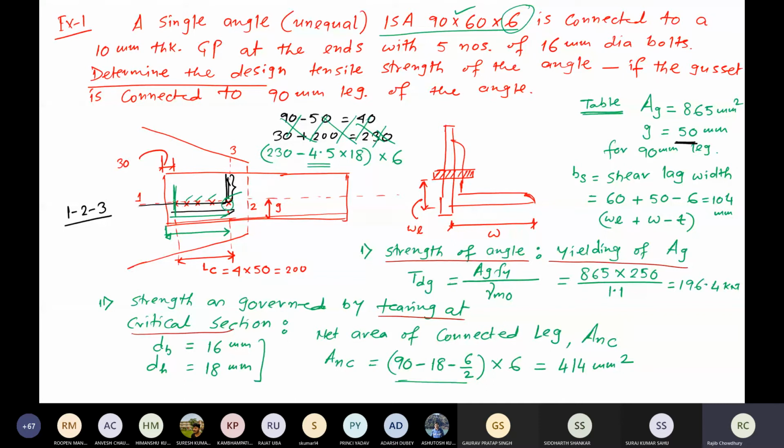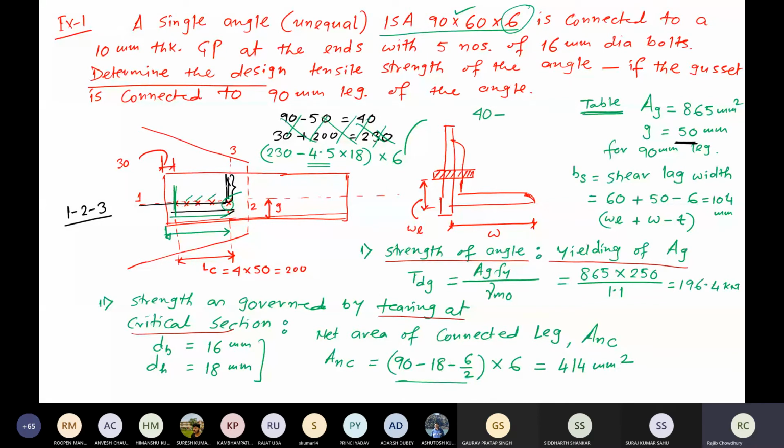So this becomes some values, we will go later. Similarly, we will work out the net tensile area. What is the total tensile length or the tearing length? The tearing length was 40.